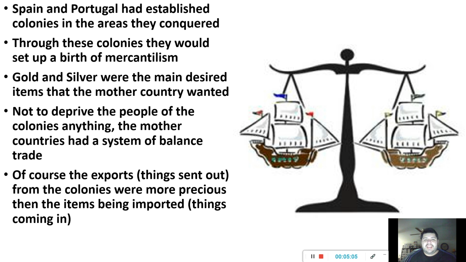I know it says im, but think of it like import: it's coming in. I've been teaching for 13 years, and that's the way I've really taught students to remember exports and imports. Exit, import. Hopefully you remember that.